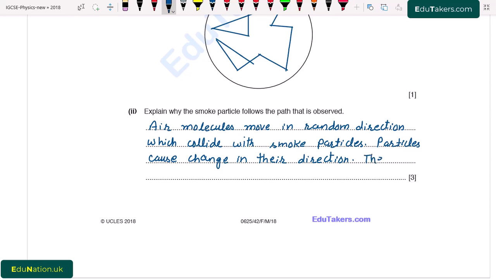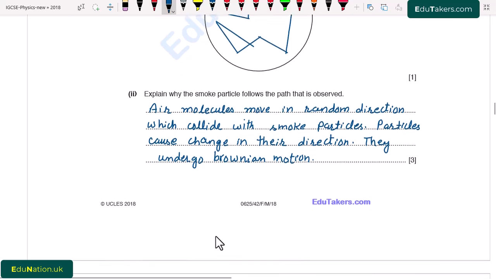Then they undergo Brownian motion. Brownian motion is just a random motion. The particles can move in any direction.